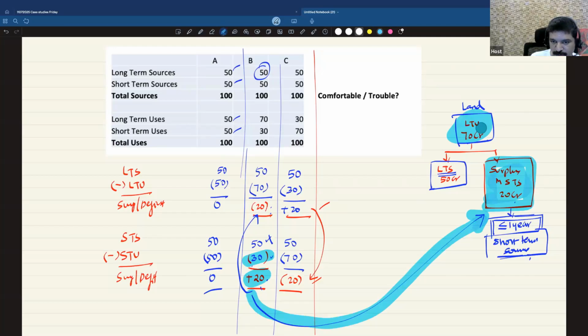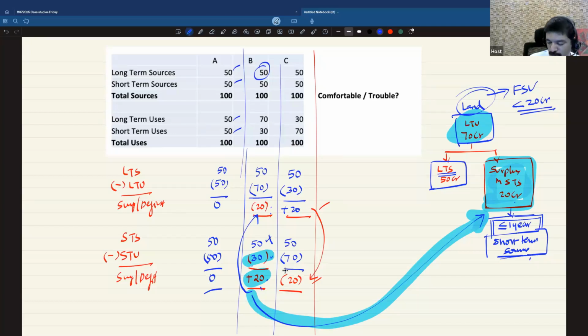So if these guys demand the repayment, do you think this company will be able to repay? No, it is sitting in land. So you have to forcefully sell the land. And if you forcefully sell the land, you may not get this 20 crore. You will get an amount less than 20 crore. If you get less than 20 crore, you are not making full payment. You are making partial payment. And if you are making only partial payment, they will not settle for that.